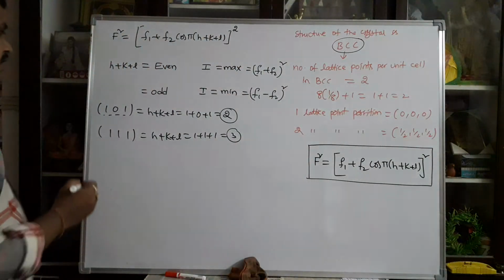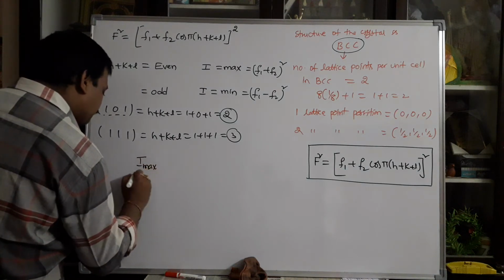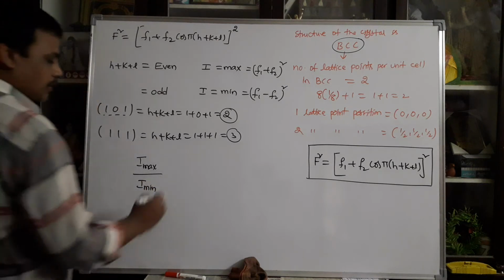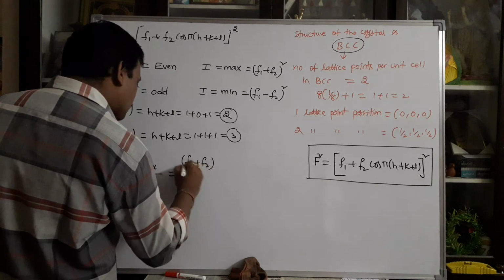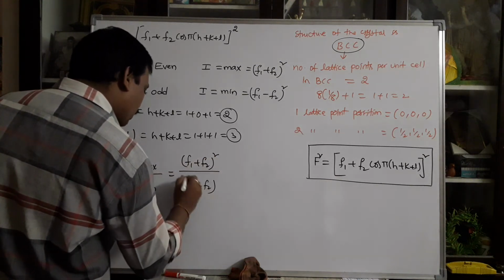Sometimes they ask for the ratio of I maximum to I minimum. I maximum is F1 plus F2 whole square divided by F1 minus F2 whole square.